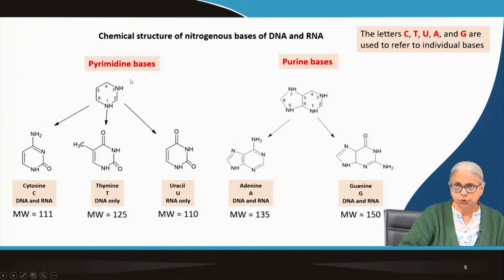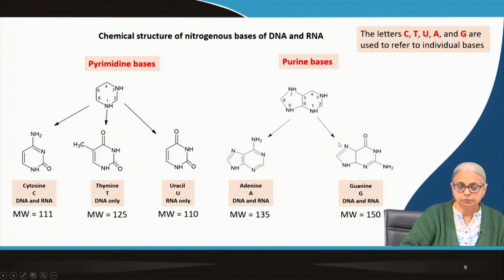We have 2 categories of bases, pyrimidine and purine. You have cytosine, thymine and uracil. Cytosine is found in DNA as well as RNA. It's shown by the single letter C. Thymine is shown by the letter T. It's found only in DNA. Uracil is found only in RNA.